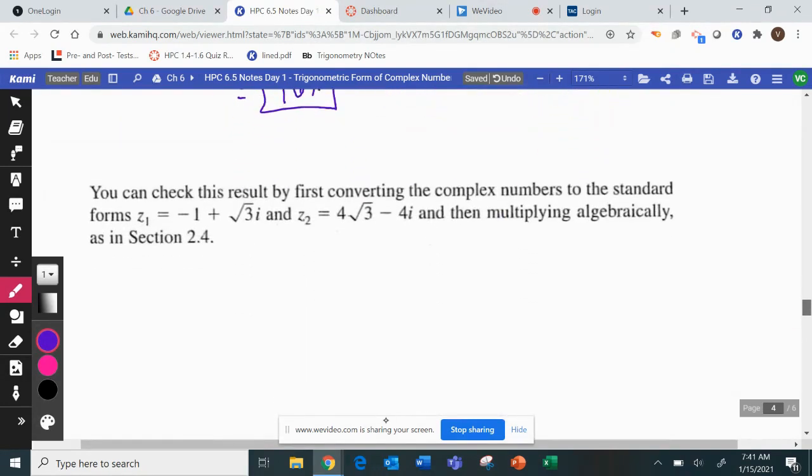You can check this result by first converting the complex numbers to the algebraic forms of -1 plus square root 3i and 4 square root 3 minus 4i.